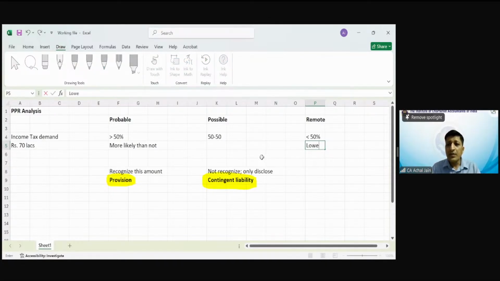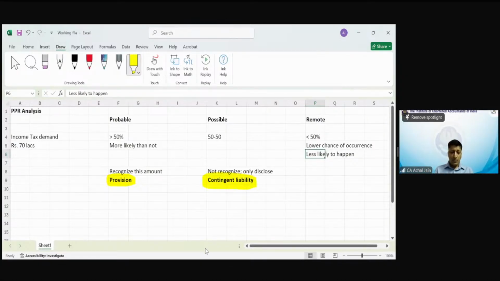So there is a lower chance of occurrence. Or you can say something which is less likely to happen. Okay, so it's less likely to happen. You can say it's opposite to what you have in case of proverb.